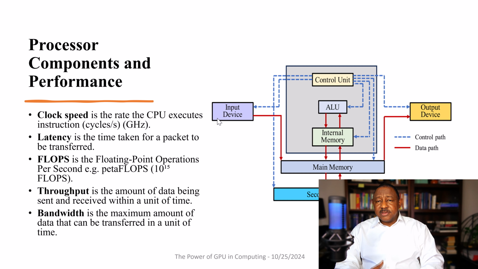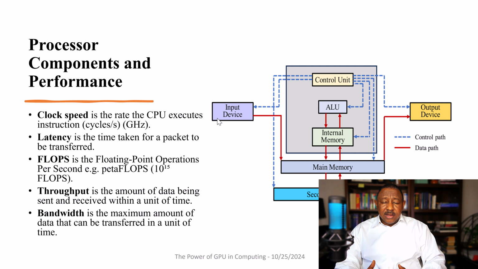FLOPS, which is floating point operations per second, is also very important, especially in scientific computing, because speed can also be measured by how many floating point operations can be performed in a second.